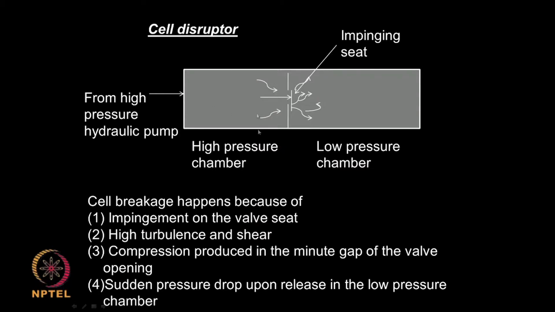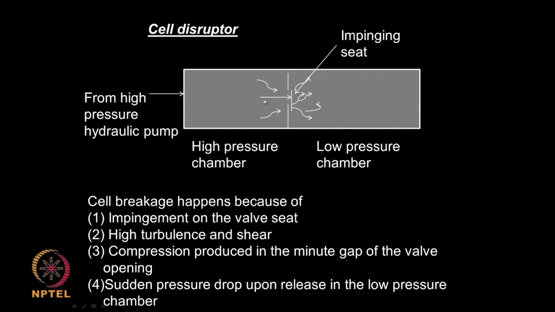If you take a cell disruptor, there is a high pressure chamber and a low pressure chamber. The cells are compressed to very high pressure, introduced through this nozzle, and released on this side. When they are released, they go from high pressure to low pressure. There is also a seat present, called the valve seat.